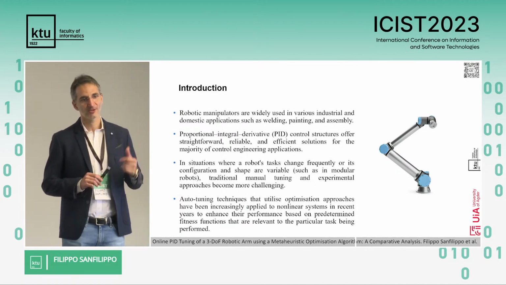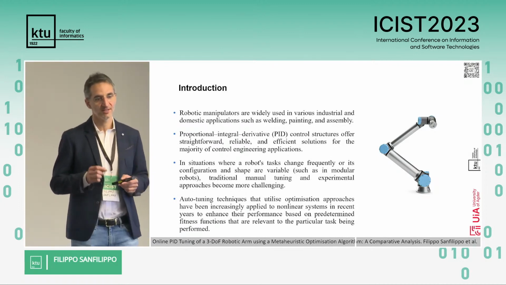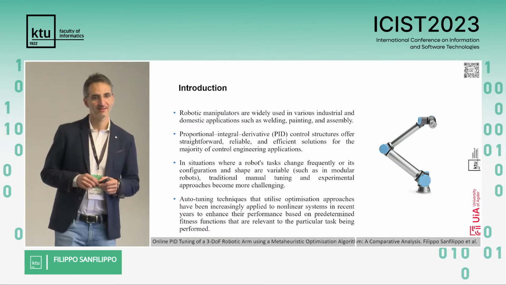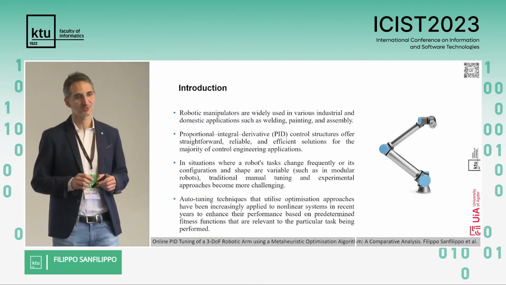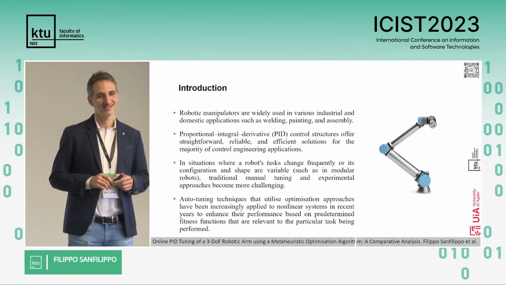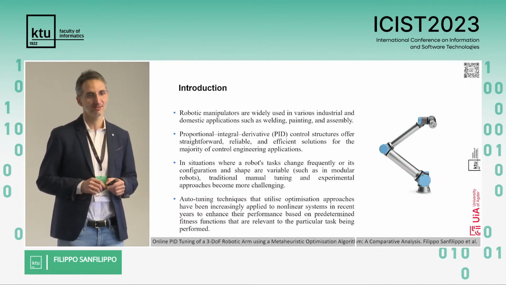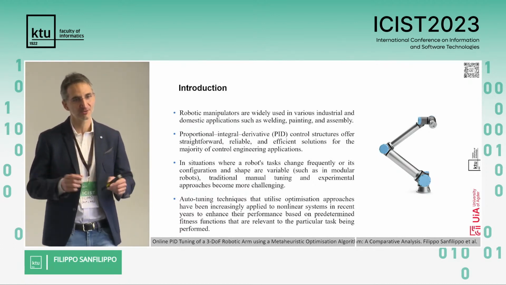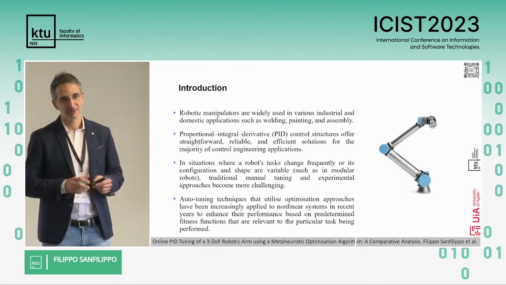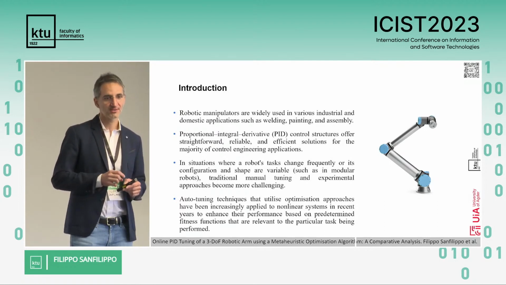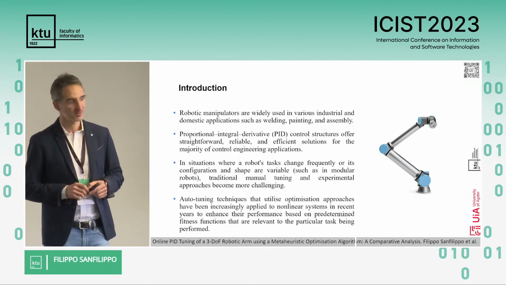Here we are talking about an algorithm that is inspired by war strategies. We are in times where war is maybe not the best topic to talk about, but we are scientists. We take inspiration from everyday or existing natural systems or other systems.